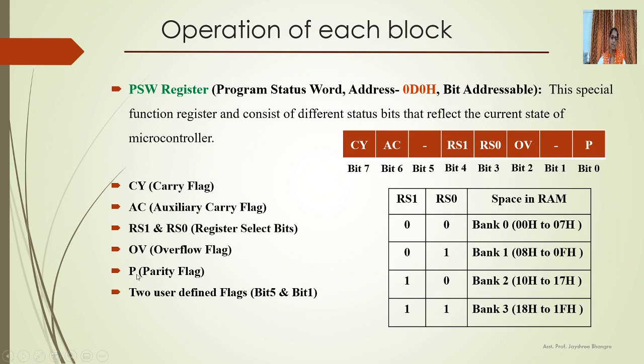It shows the parity of the given data. So in the given data, if the number of ones is odd, then this bit will be set, and if the number of ones in the given data is even, then this bit will be 0. Then bit 5 and bit 1, these are two user defined flags.